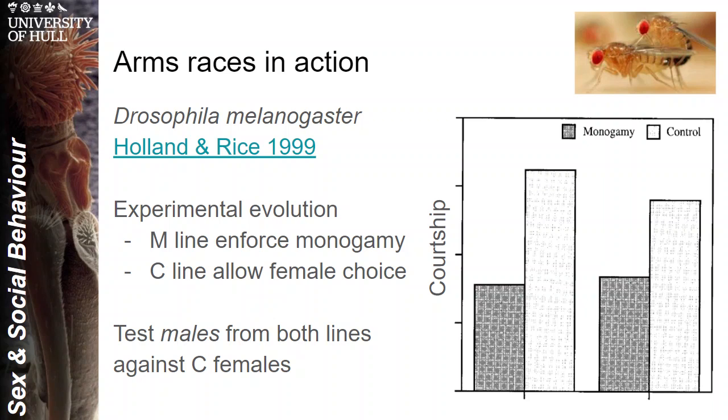They court less than males from lines where the females have been allowed to choose their mates. So when you enforce monogamy, you make the female offspring live less long, and you make the male offspring less competitive.